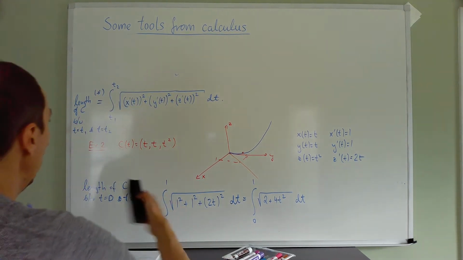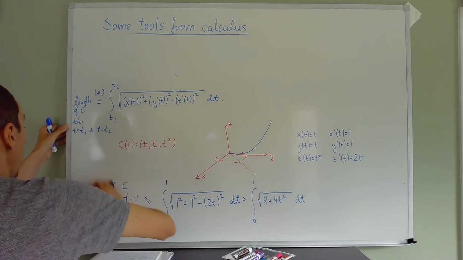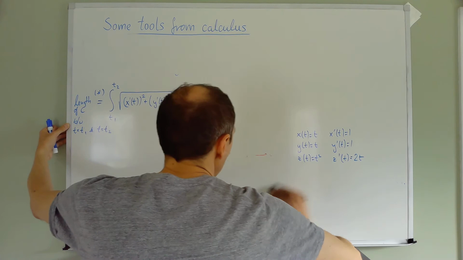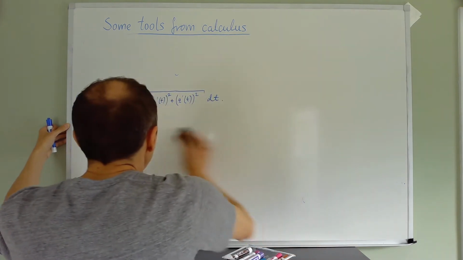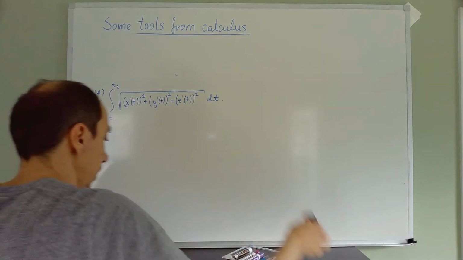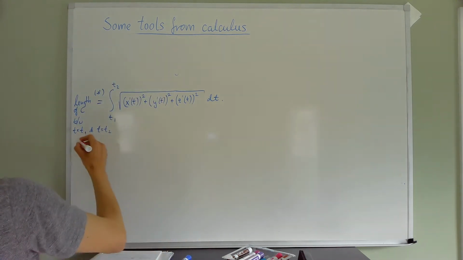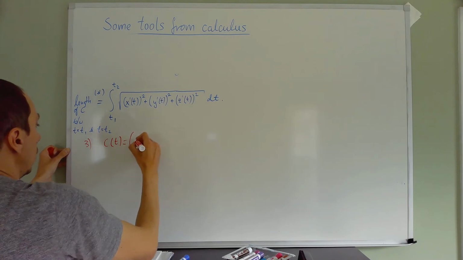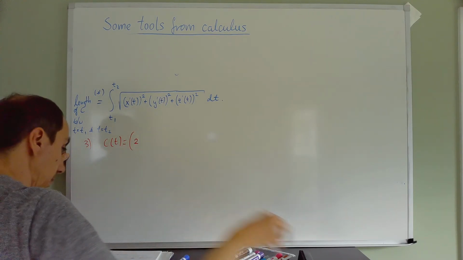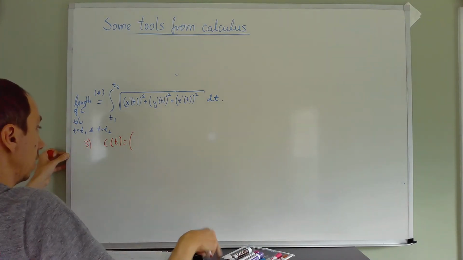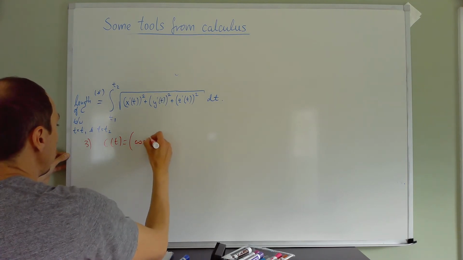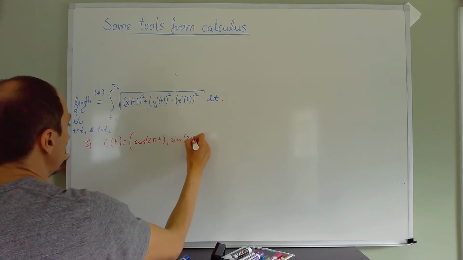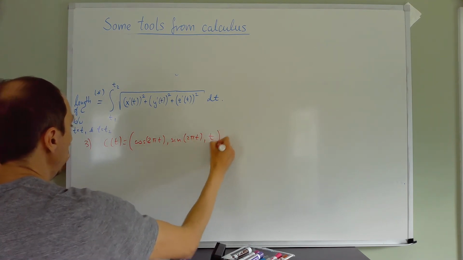Okay, let's do the last example, the spiral. So in this case, C of t was given by cosine 2 pi t, sine 2 pi t, t.